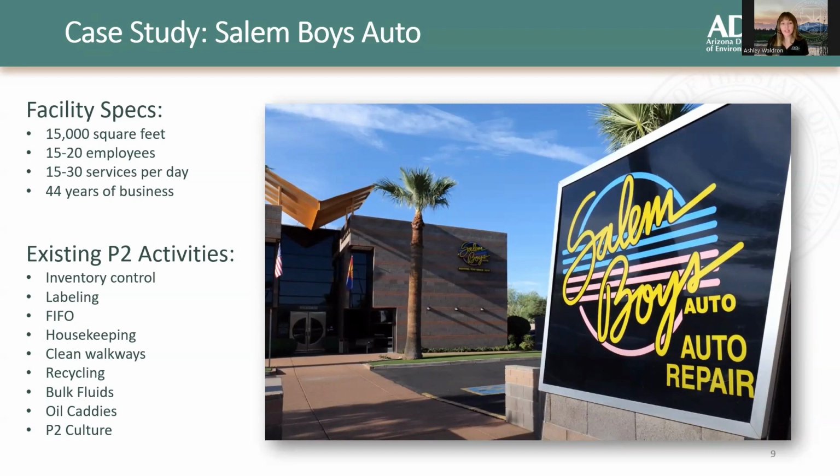And the company was really able to grow to the 20-bay garage that it is today by implementing sustainable business practices early on. And they've received awards for their environmental strategies, which is really why we wanted to use their experiences and their successes to curate the material. So these existing P2 activities listed are outlined in our training.